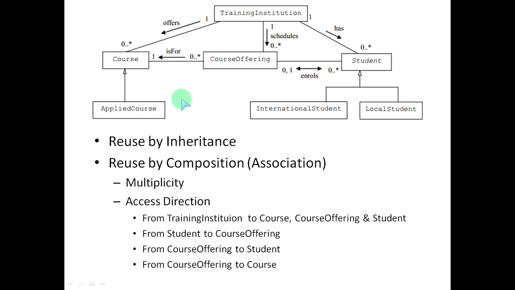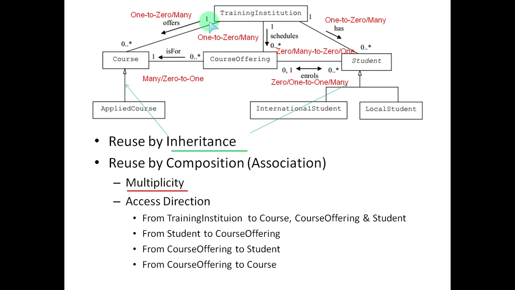And there's reuse by inheritance, which is shown here. In this diagram, an empty arrow upwards is the inheritance. As I just said, student has 2 subclasses. Course has 1 subclass called applied course.